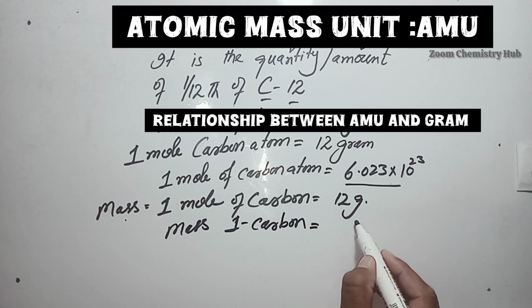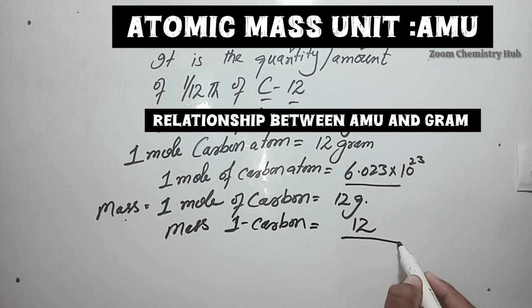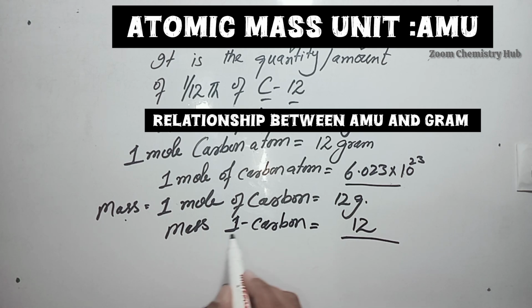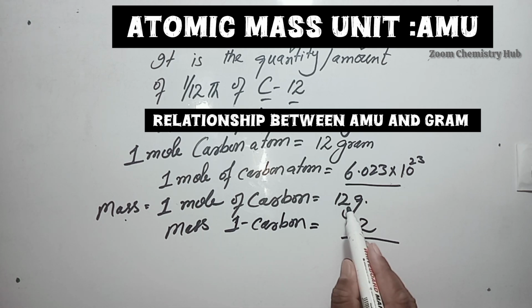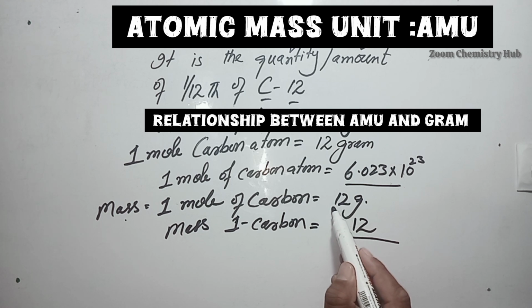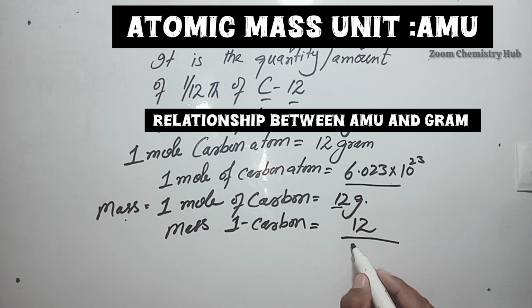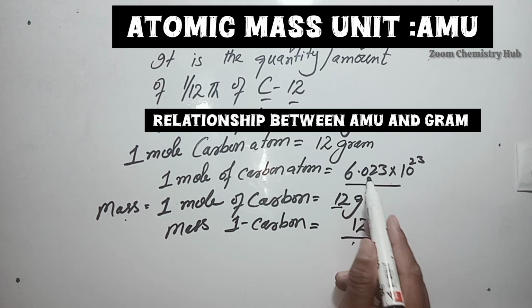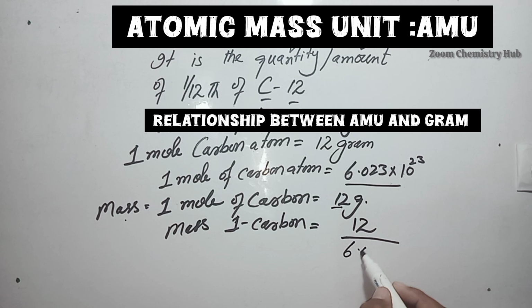We can calculate the mass of 1 atom of carbon. We divide its molar mass, that is atomic mass 12, by the Avogadro's number, that is 6.023 multiplied by 10 raised to power 23. These are actually the Avogadro's number of atoms which are present in 1 mole of any substance or carbon atom.